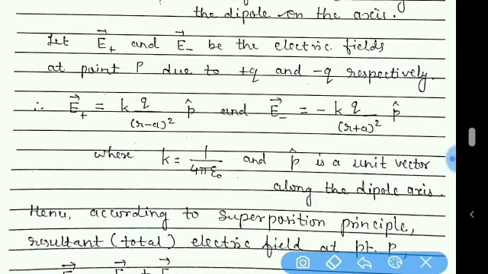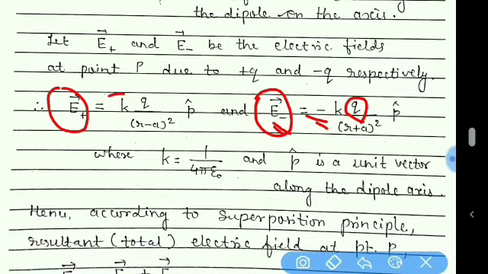The electric field due to the positive charge is E plus, while the electric field for the negative charge is taken as E minus, as the charge is negative.